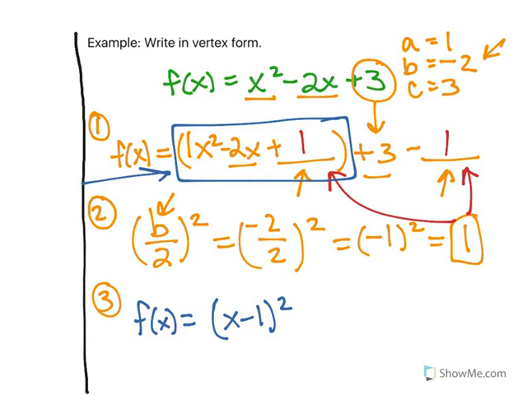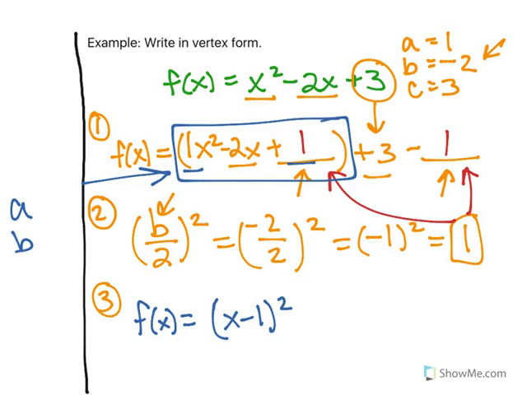Okay, for a perfect square trinomial, we take the two values here and square them, or take the square root of them, sorry, to get our values for a and b.